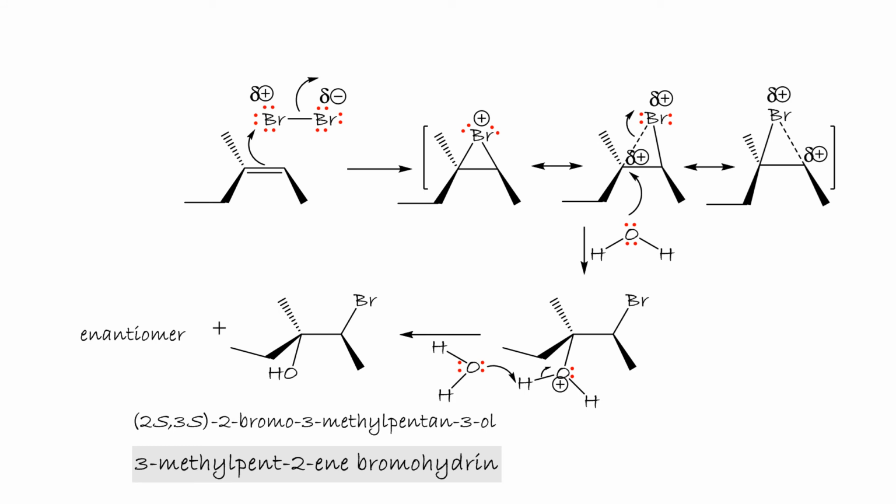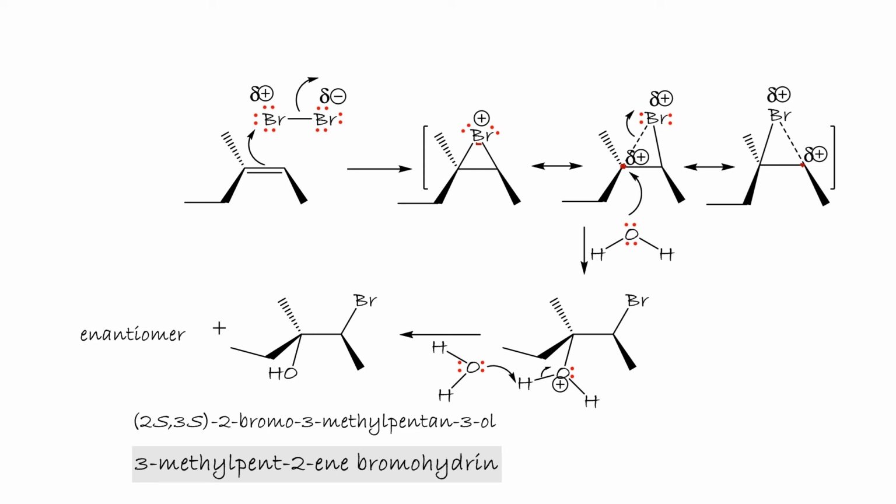In the first step, the bromine is added, with the formation of a bromonium ion intermediate, which is in resonance with delta positive on that carbon and delta positive on that carbon, and which one is much more predominant?